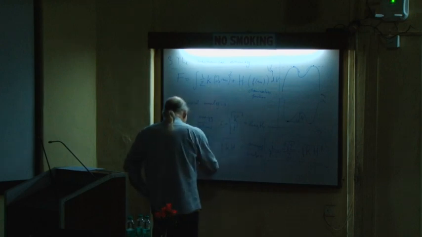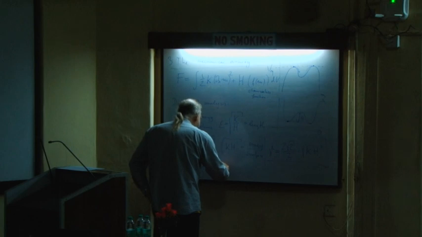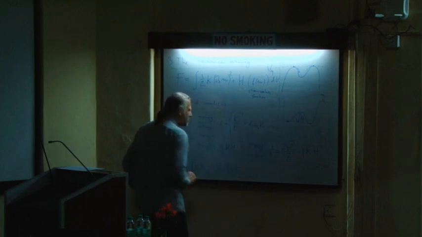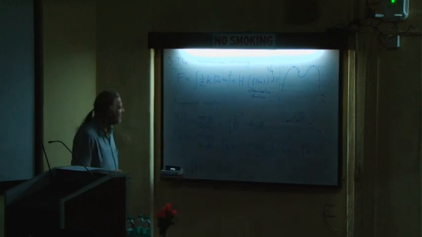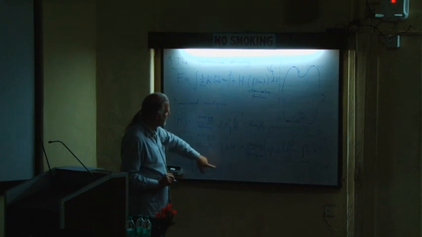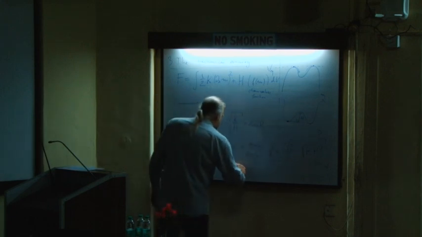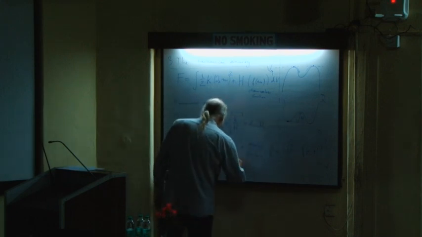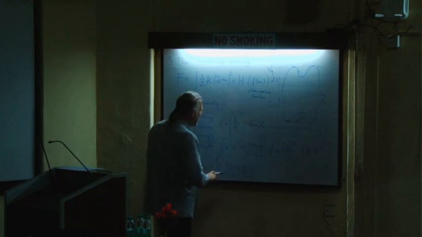What you get is square root of kappa times h, which you can also write as epsilon times h. You replace square root of kappa by epsilon times square root of h. You get that the surface tension is just proportional to the thickness times the constant h. Now what does this mean?